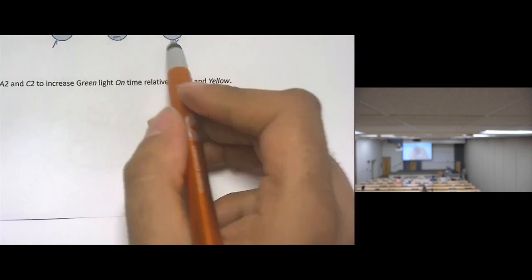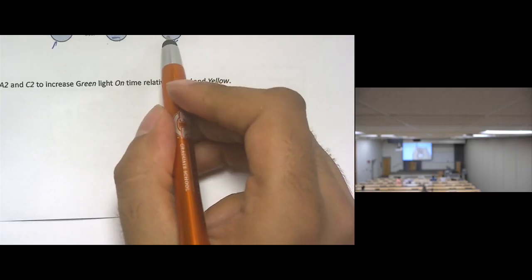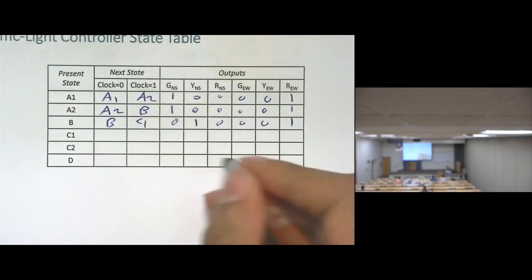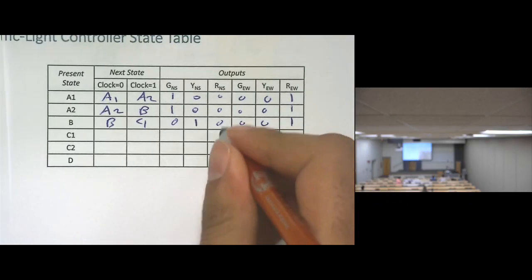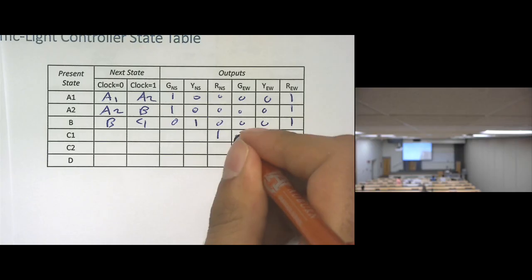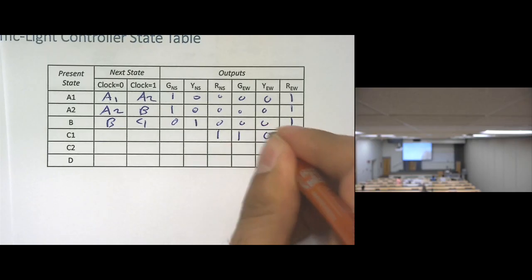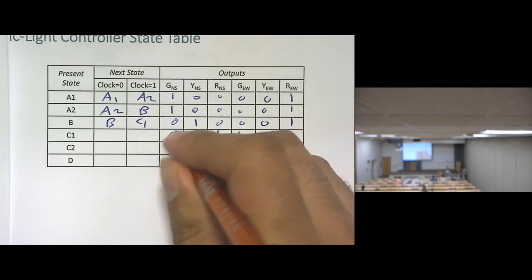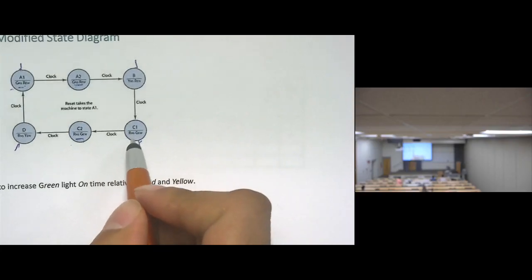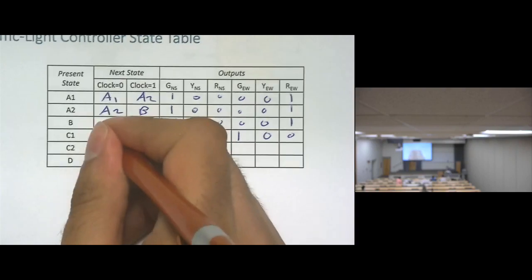Now I'm at C1. Red north-south is on, green east-west is on. So here red north-south is on, green east-west is on, and the others are zeros. At C1, if the 10 seconds is not done yet, I will remain at C1.